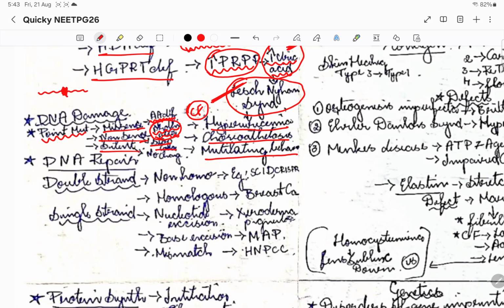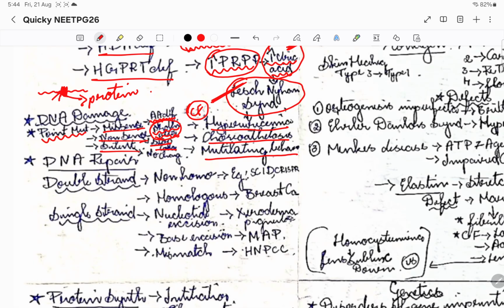So what happens? The formation of protein will entirely change because that particular amino acid was different. Okay, for example, one of the mutations that happens is nonsense. It was not supposed to happen.